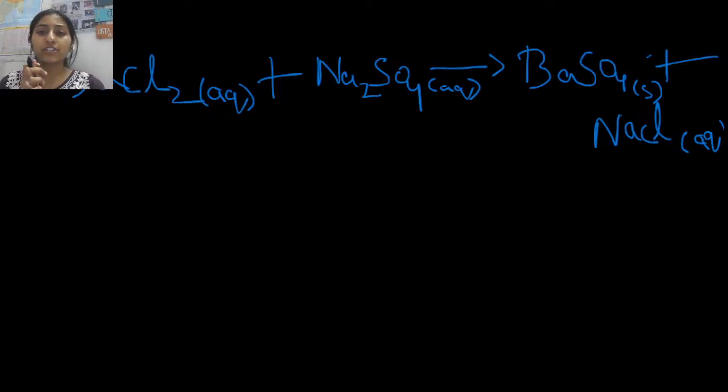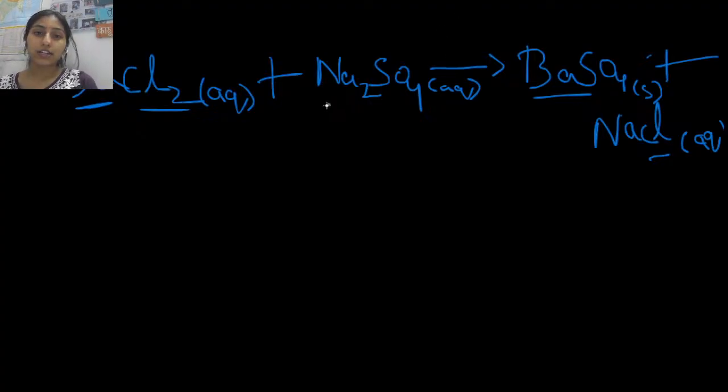So is this reaction balanced? Let us check. There is one atom of barium on this side and one on this side. Very good, barium is balanced. Then there are two chlorine atoms on this side, whereas on this side there is just one atom. So chlorine is not balanced, right?